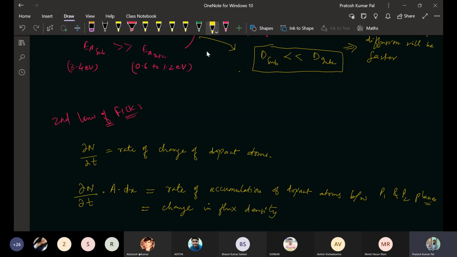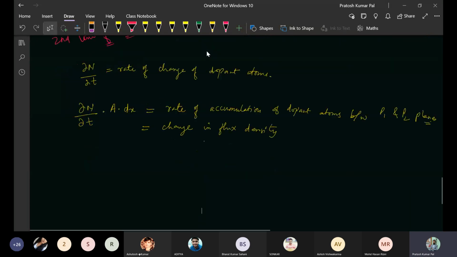By using Fick's first law, we have seen how the flux is defined, and with respect to that flux, the rate of accumulation of dopants will be equal to the change in flux density. The flux was defined by J, so the flux density will be the area multiplied by the change in J, that is, the change in flux.